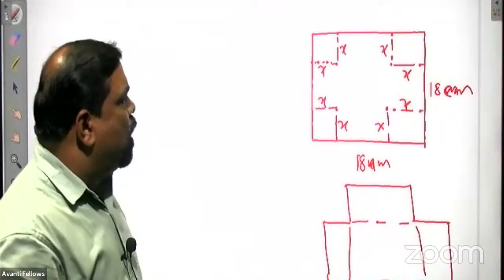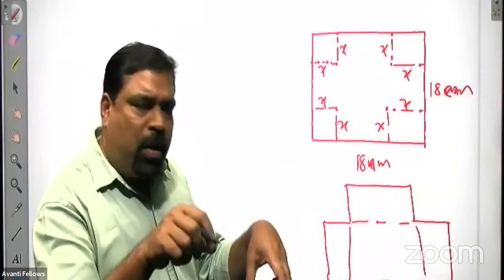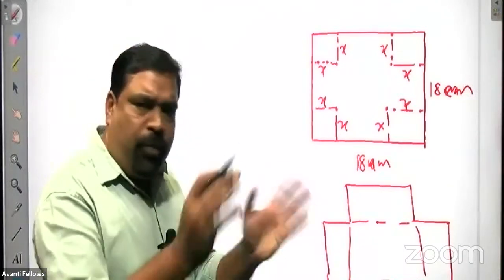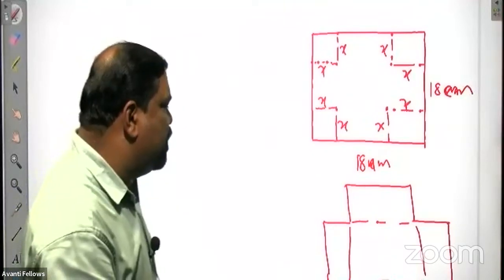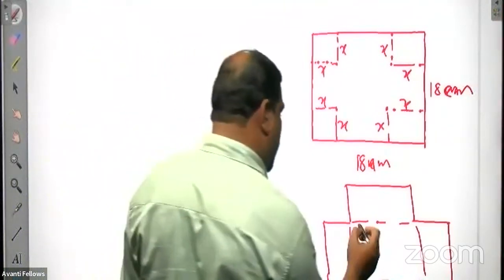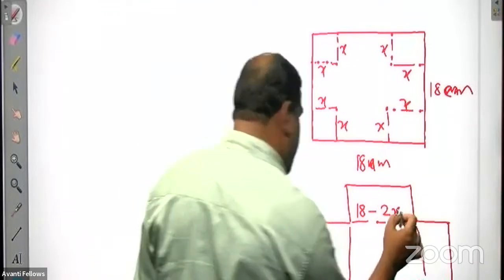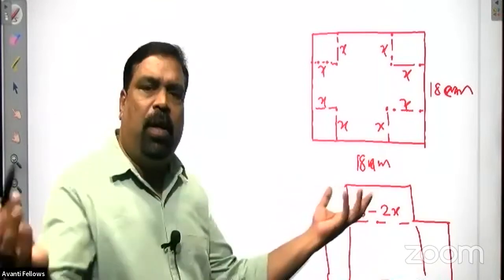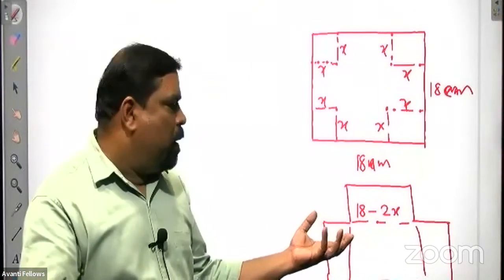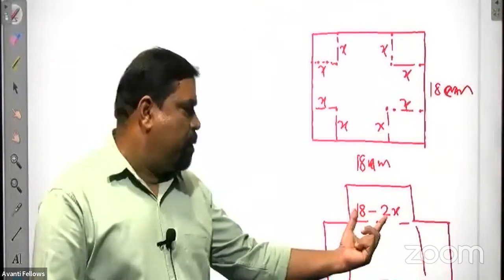After cutting the square from each corner, we will make a box. So what will be the length of that box after forming the box? The length of the box will be 18 minus 2x. Clear? From each corner, x and x will be removed, so remaining will be 18 minus 2x.